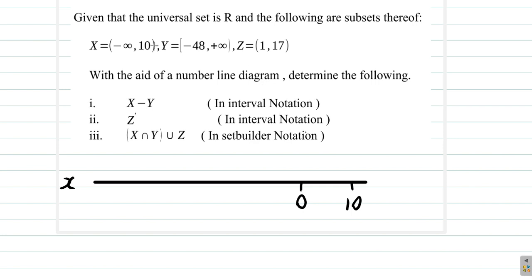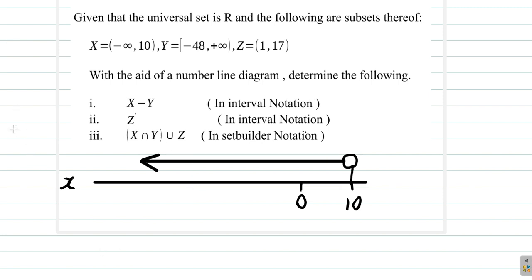The curve bracket means less than or greater than, but not equal to. So you cannot say equal to infinity, so it's always a curve. Here you have a round bracket around 10, so 10 is not included. So on the number line we put an open circle. This talks about from negative infinity to 10. So x includes all the values from 10 to negative infinity.